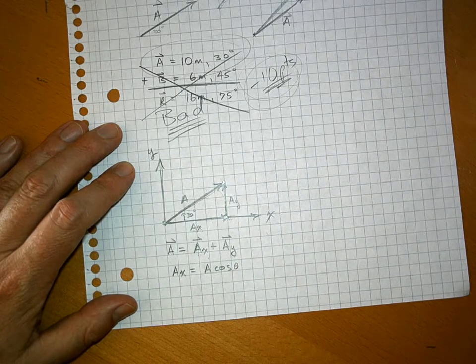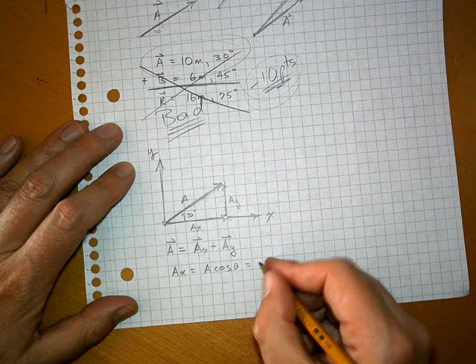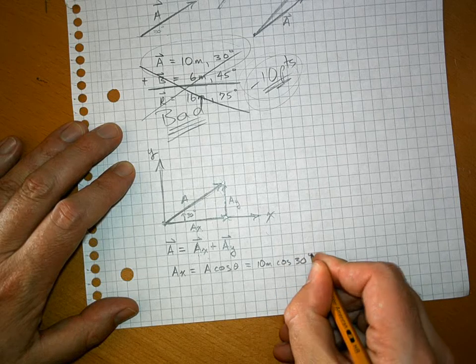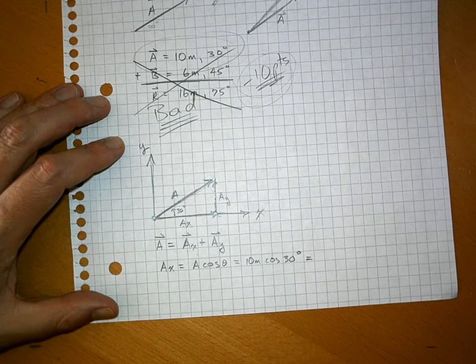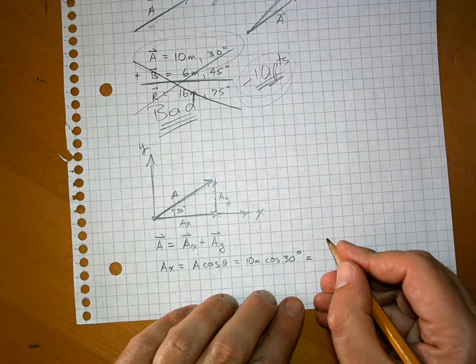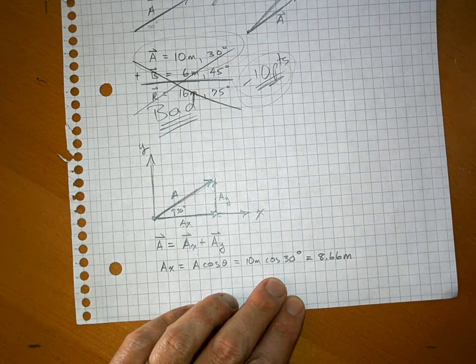Okay, well, what is that? Well, that's 10 meters times the cosine of 30 degrees. Put that in your calculator, and you will get 8.66 meters.